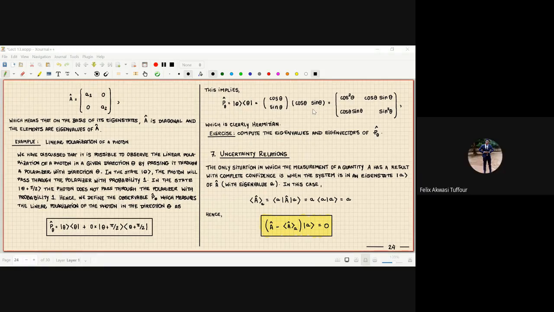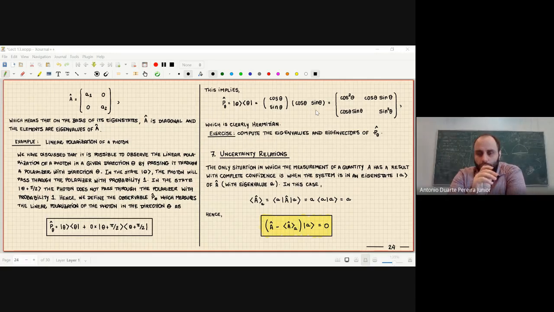Okay, I see. But look, a scalar is a more general thing than a phase. If you have a global phase, then these will automatically cancel out in this multiplication.